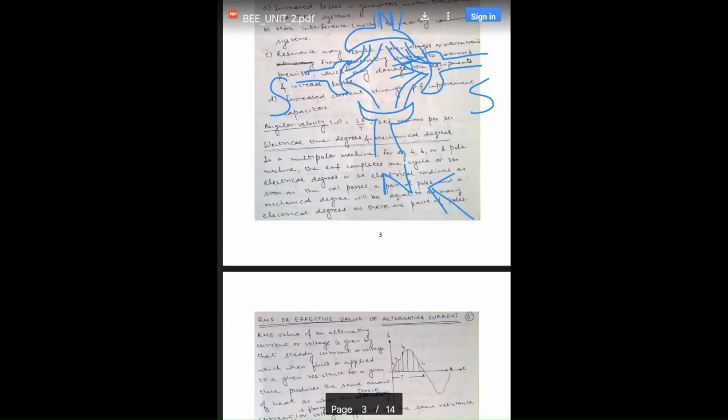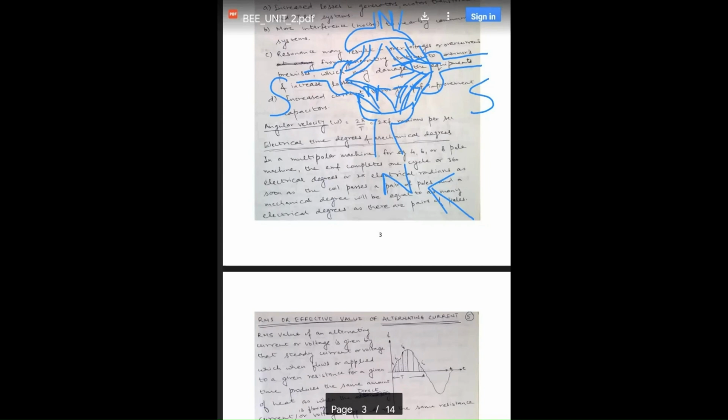If the South Pole is in the neighborhood of the North Pole, these magnetic lines of forces or flux can travel the desired path easily.